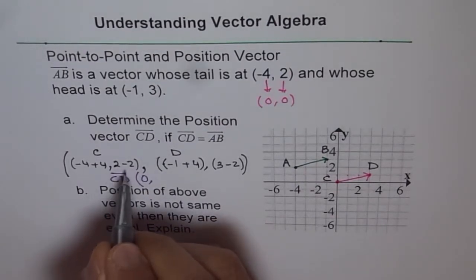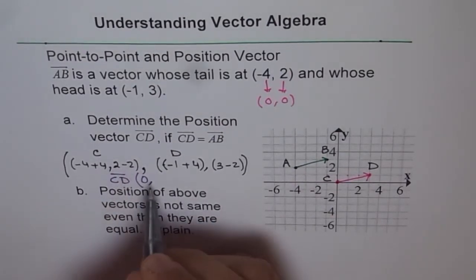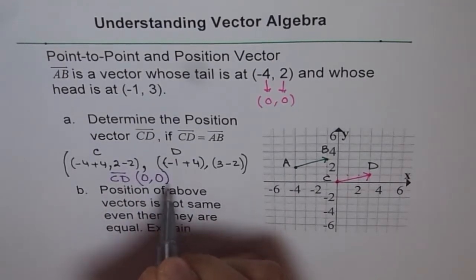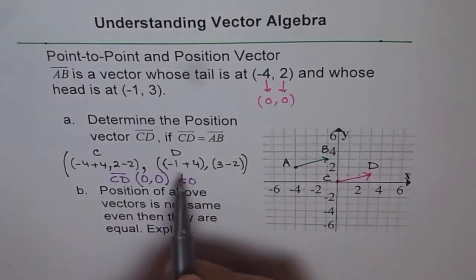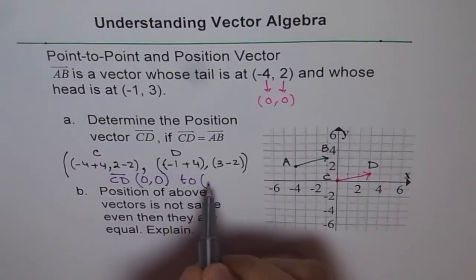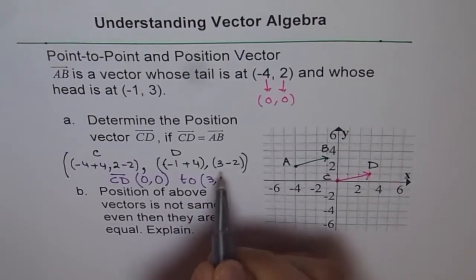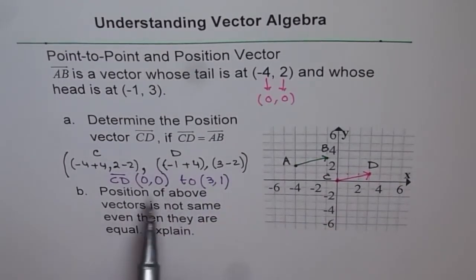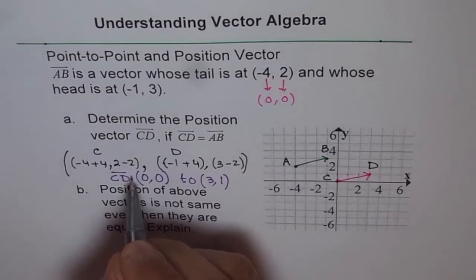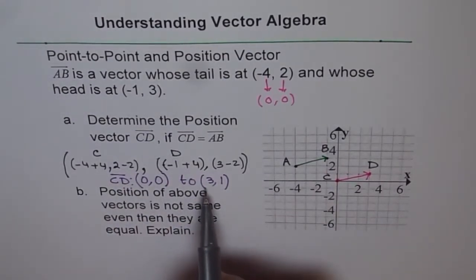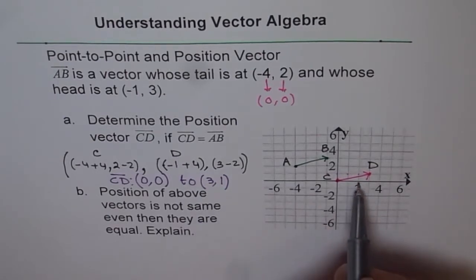And Y value is 2 minus 2, 0, right? So it is basically from 0, 0 to D point, which is -1 plus 4, which is 3, and 3 minus 2, which is 1, right? So for CD, I have tail at 0, 0 and head at 3, 1. So 1, 2, 3 and 1.